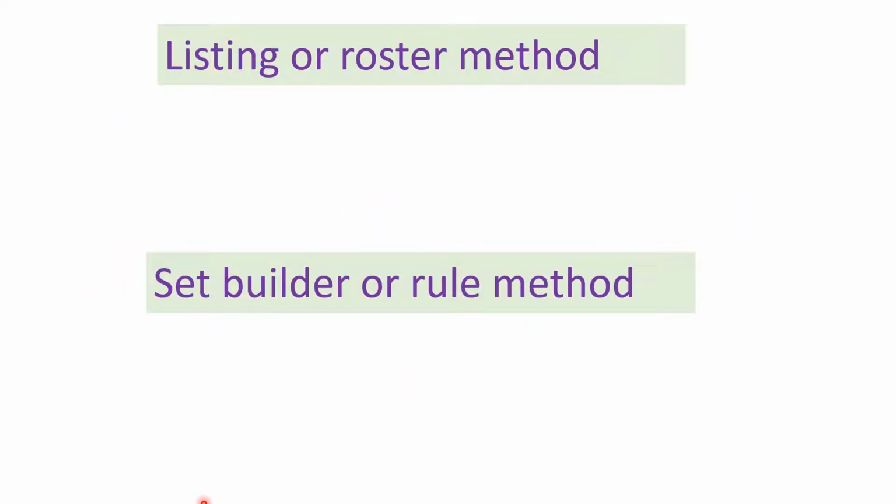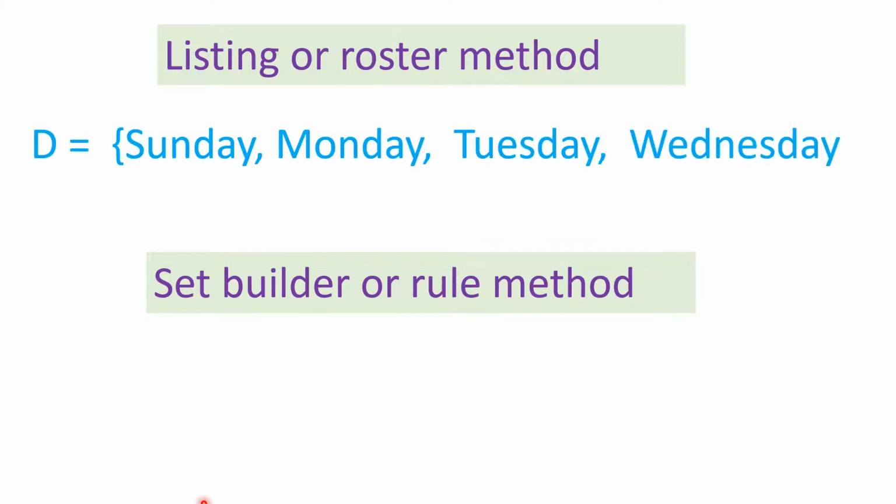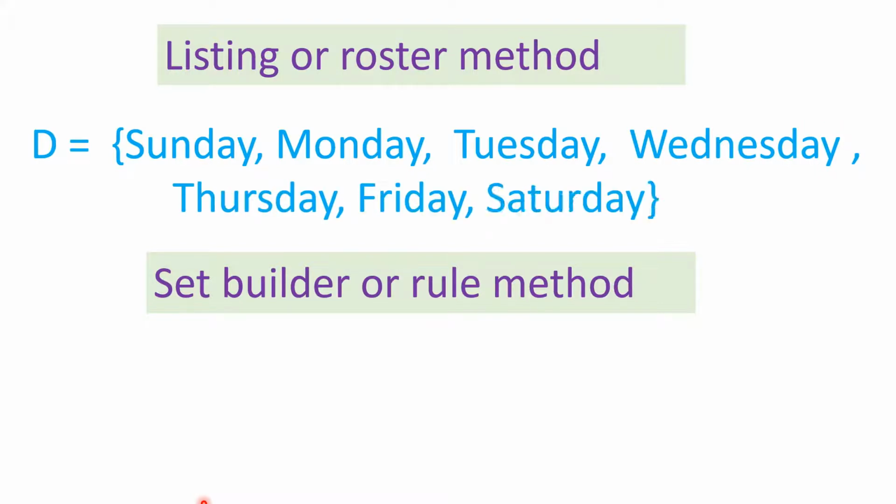Let us take another example. D is a set, and what are the elements of this set? Sunday, Monday, Tuesday, Wednesday, Thursday, Friday, Saturday. D we have written here in the roster method. So these are all the elements of the set. And you must have observed, these are the days of the week.